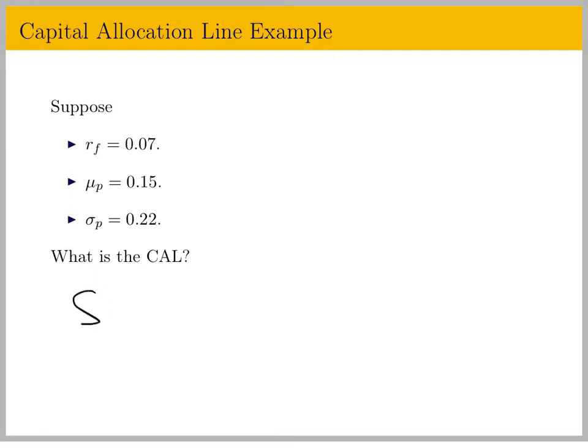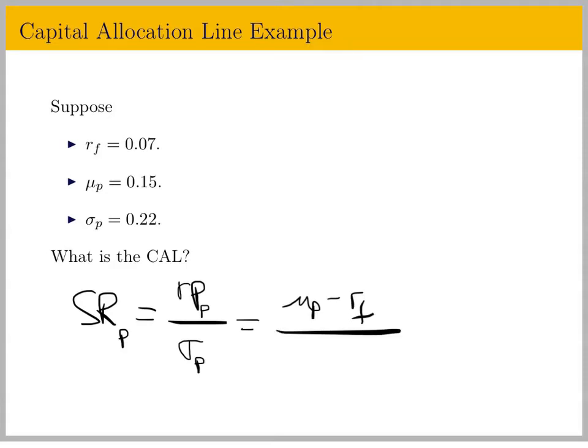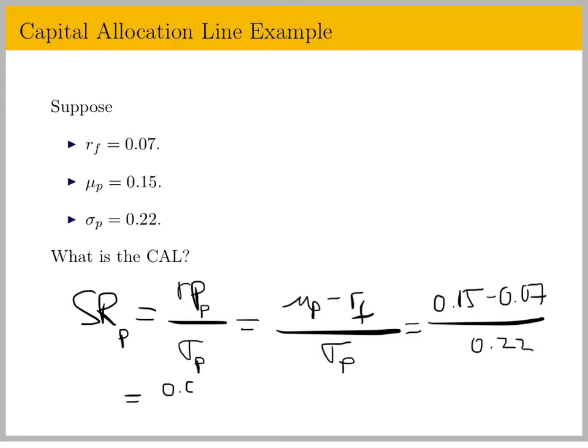The Sharpe ratio is equal to the risk premium of portfolio P over sigma P, the risk premium being mu sub P minus RF, all over sigma P. This is equal to 0.15 minus 0.07, all divided by 0.22, which is 0.08 divided by 0.22, roughly equal to 0.36.